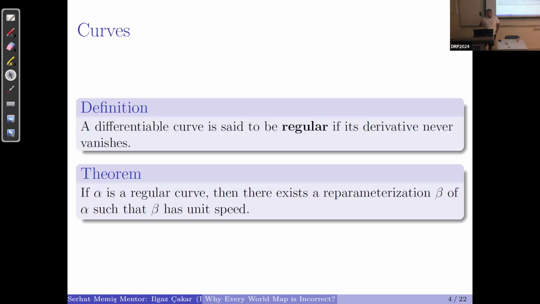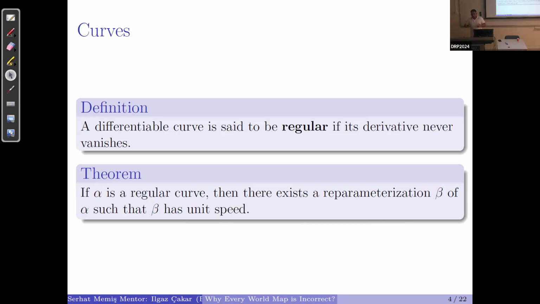And then, as I mentioned, we will look at the turning, but the change in the tangent vector depends on two things. One is the change in the length of the tangent vector. The other one is the change in the direction of that vector. So to explain the turning, we should only focus on the direction of the vector.